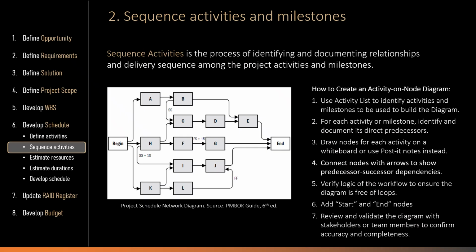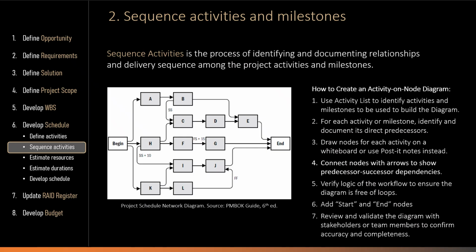on the screen. A practical and effective way to create such a diagram is to do it together with your project team. You can start by bringing the team together in front of a whiteboard or a large wall. Write each activity on a separate sticky note, one activity per note. Then place the sticky notes on the wall in a way that shows the logical sequence of work and the relationships between activities.